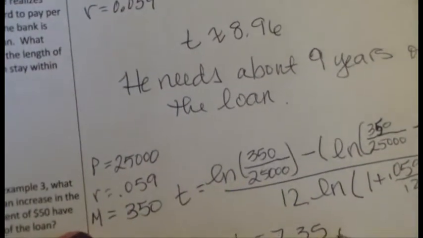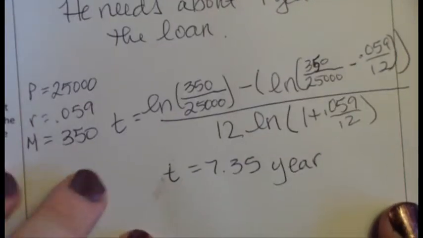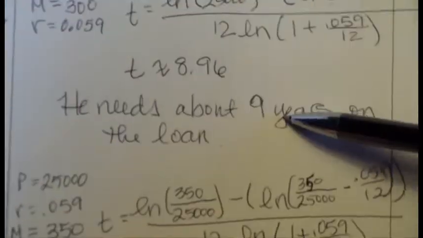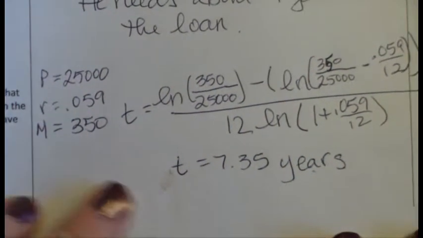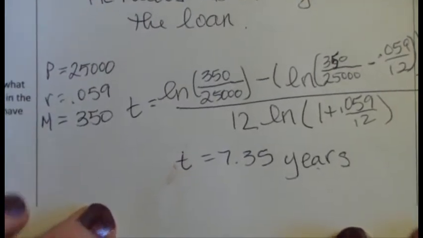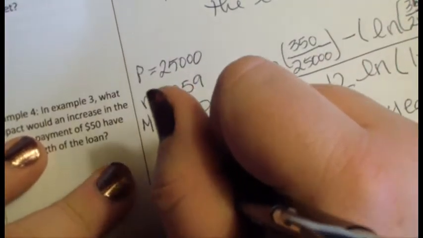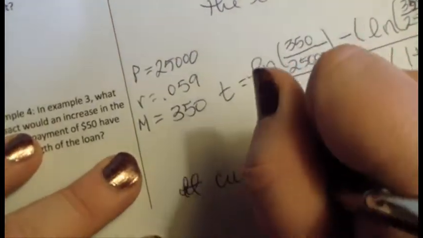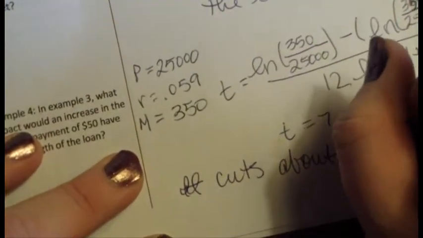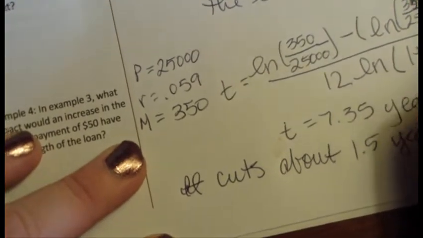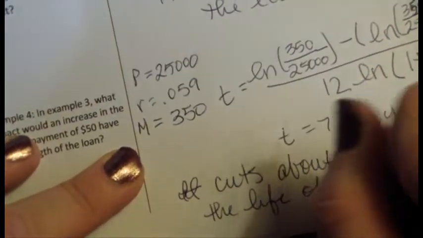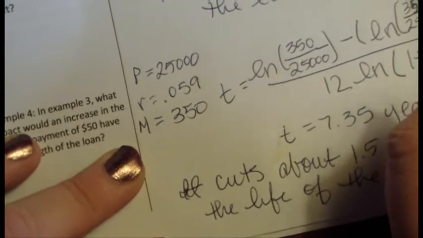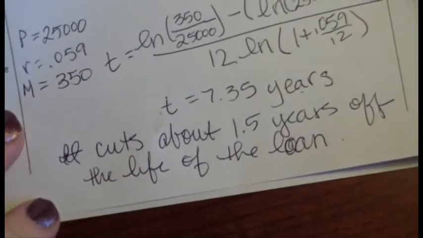So you'll notice, by just paying $50 more each month, it goes from a 9-year loan to a 7.35-year loan. So it's cutting off a year and a half from the life of the loan just by paying $50 more each month. So it cuts about 1.5 years off the life of the loan.